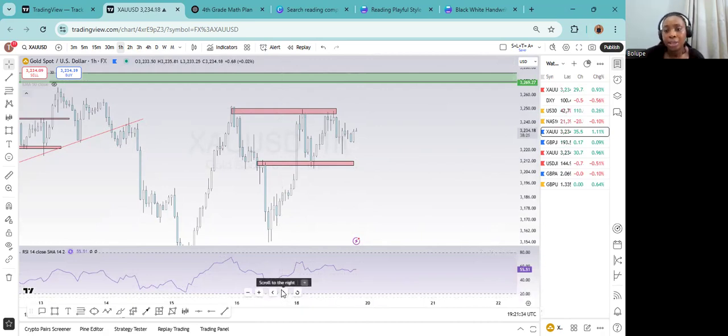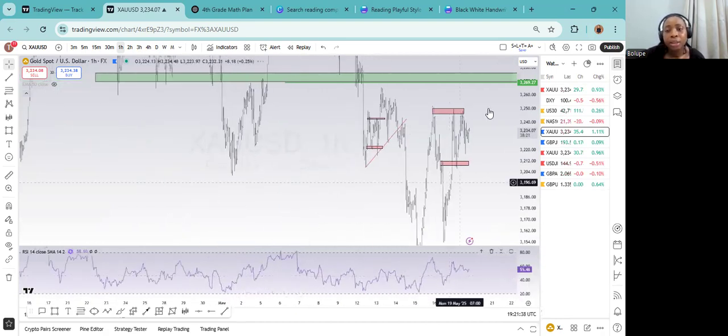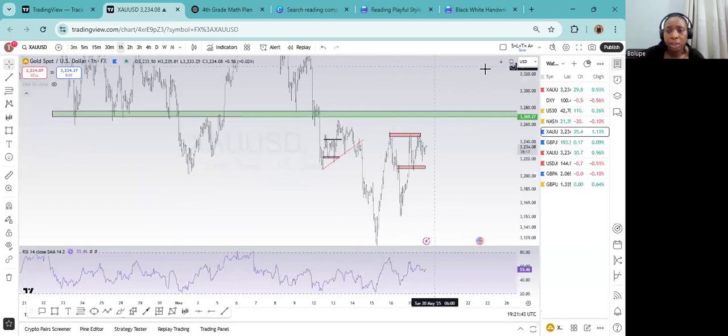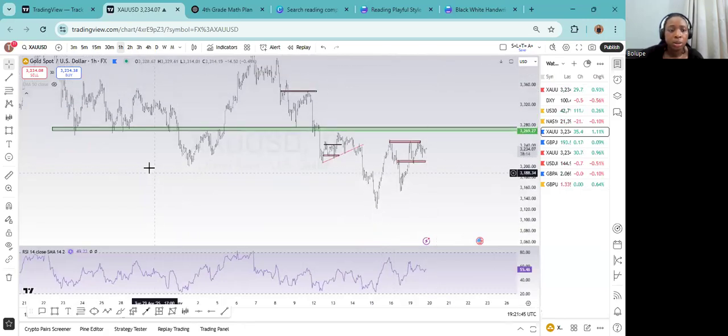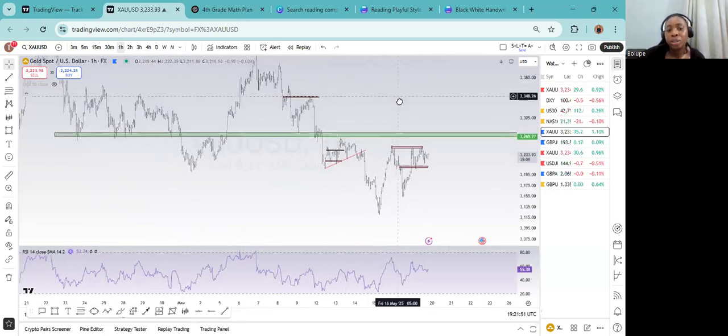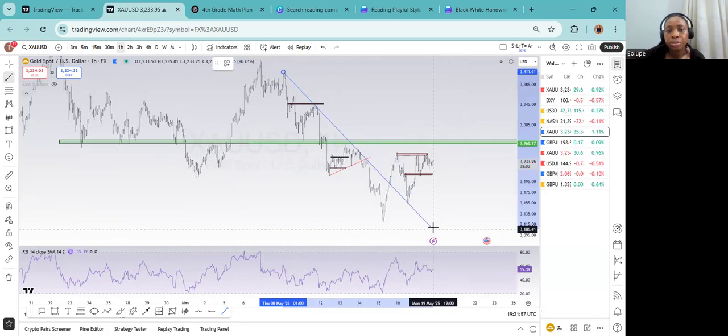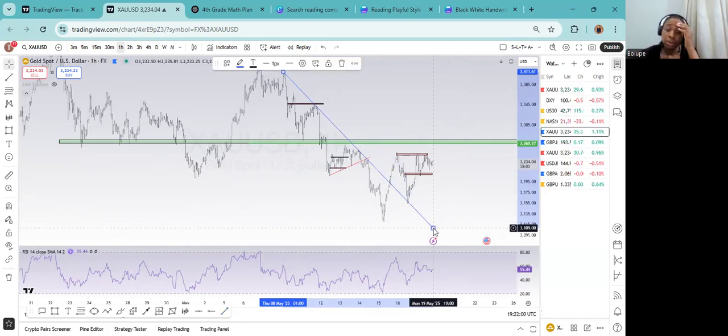If it does, that's a point where I'm selling because that's supply. That'll be support and resistance and everything, and it's just going to validate all of this support here. But if it doesn't, we'll see why it doesn't. It's going to tell us what to do next.